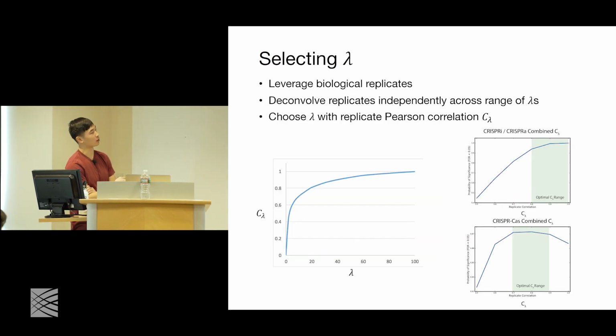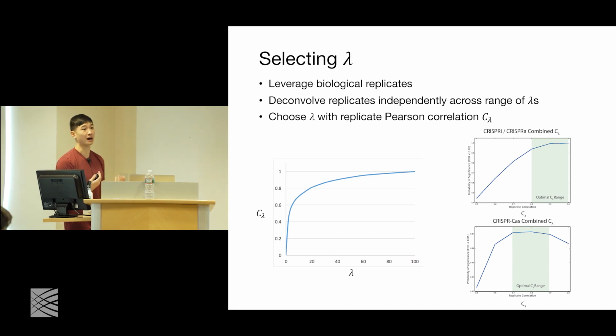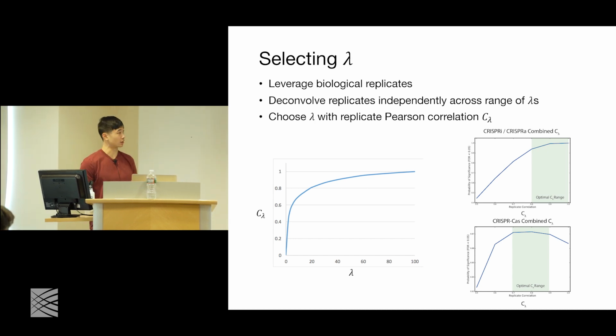So one important part of this framework is selecting lambda. It's kind of a difficult problem, but we use a heuristic, and that heuristic involves leveraging something that we do in biology all the time. And that's the fact that we perform many biological replicates when we do these CRISPR tiling screen experiments.